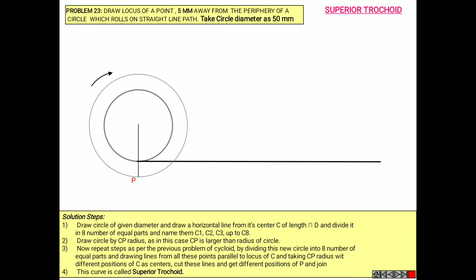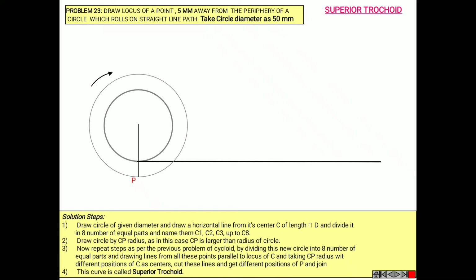Before that, he is telling us to draw the circle by CP radius, as in this case CP is larger than the radius of the circle. Now repeat steps as per the previous problem of cycloid by dividing this new circle into 8 equal parts and drawing lines from all these points parallel to the locus of C, and taking CP radius with different positions of C as center.